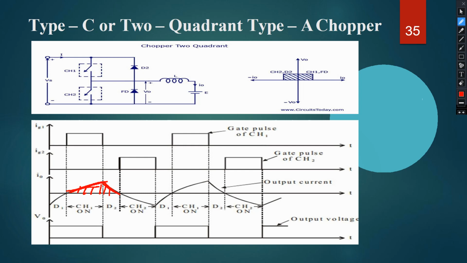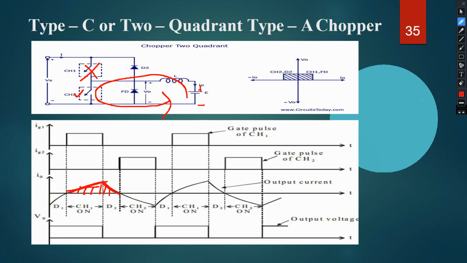Now let us do the opposite thing. Let us forget CH1 and operate CH2. When CH2 is on, this will be the flow of current from the E, because positive cannot connect to the load as this diode is reverse biased.